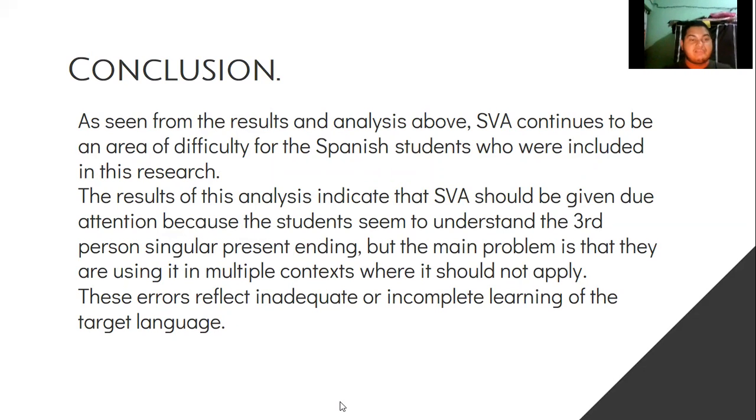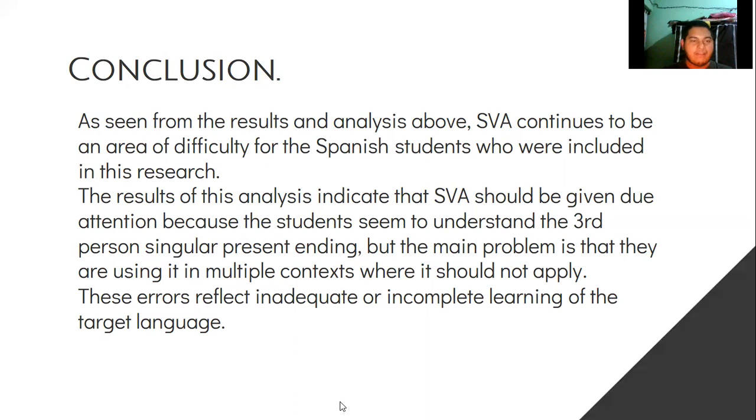In this case, the students understand the rule, but they don't understand the rule at 100%. They have some problems. They overuse the third person form because they confuse it, for example with the modals.